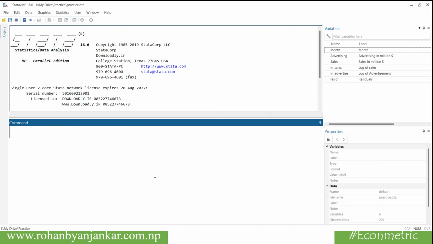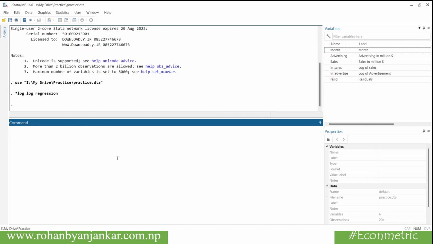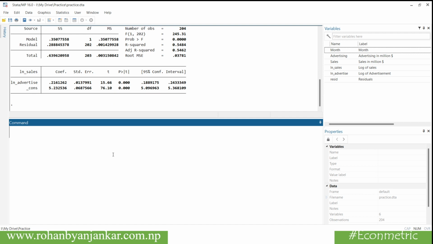Now if we need to perform log-log regression, we will simply type reg ln sales ln advertise and hit enter.